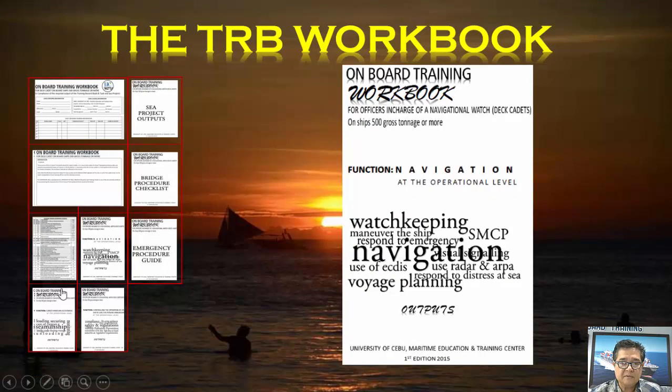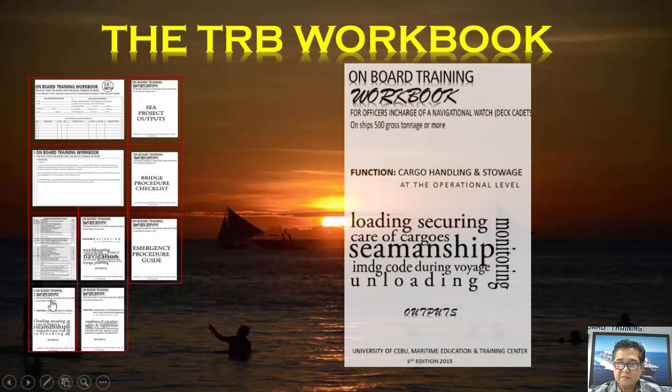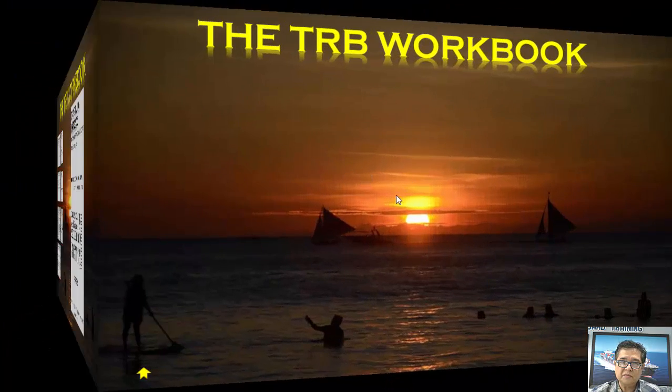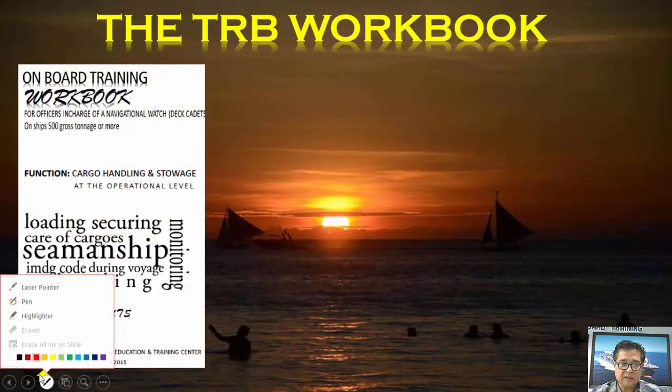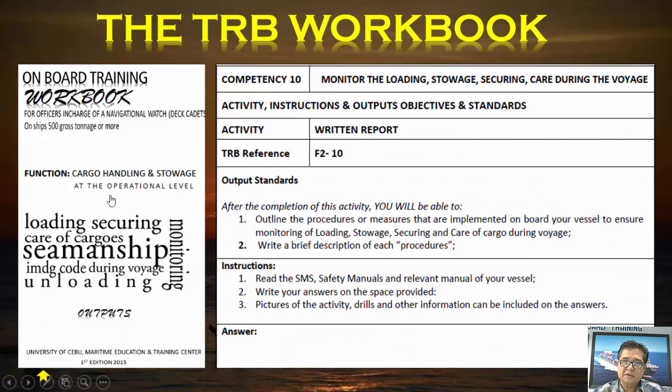So, next is the section of function, seamanship, or cargo handling and stowage at the operational level. The same as the previous function, there is also what we call an assignment, a task that will count on your training record book. So there is the TRB, the activity will be a written report.